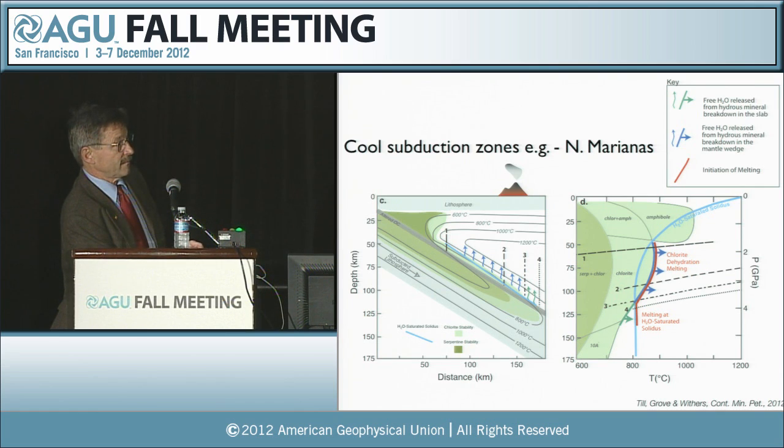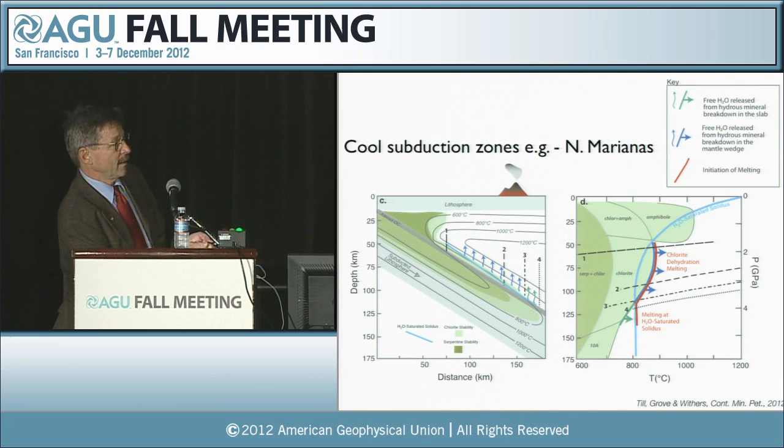And in this case, the kind of melting that you would have in these cooler subduction zones is what we would call chlorite dehydration melting, because you might not have many minerals breaking down or a large amount of them in the underlying slab. But what would happen is that you'd have a huge slug of water that would get into the system when you overstepped chlorite stability right here on this blue line, and as soon as that happens, you release free water.